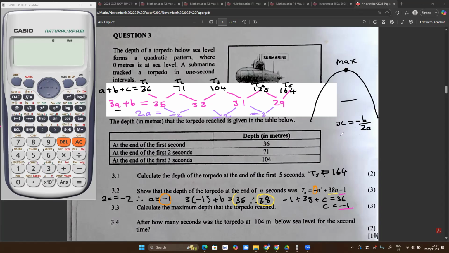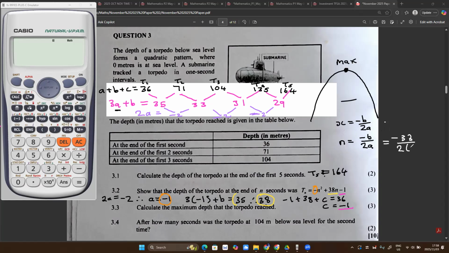So actually, it's just a simple change: n is equal to negative b over 2a. All right, so then I can sub in my b. I'm just going to do that here on the side in white. So negative, and then our b was 38 over 2 times a.